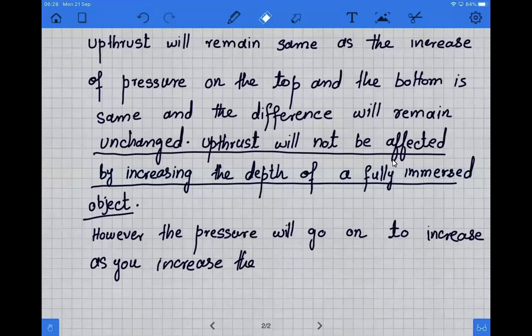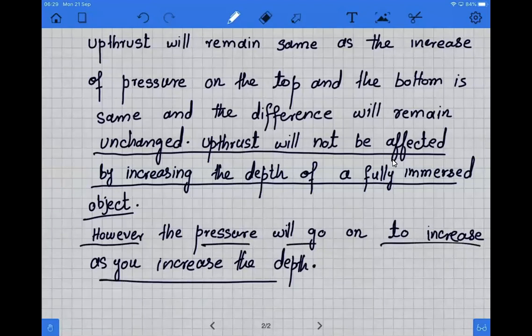So the pressure will go on to increase as you increase the depth. So you will feel more compressed when you are at more depth inside the liquid. So with the increase of depth, the squeezing effect or the compression will increase. That is because of the pressure.